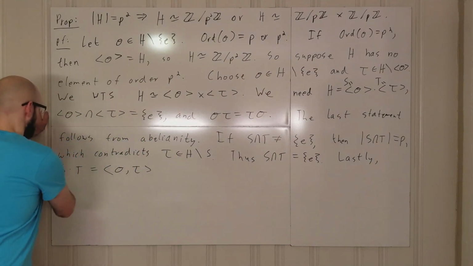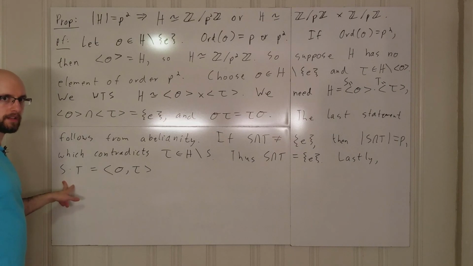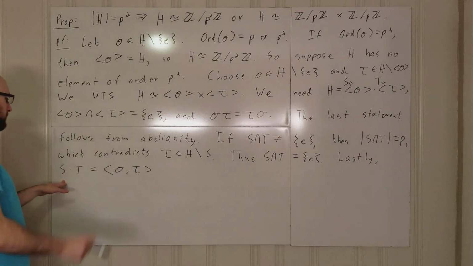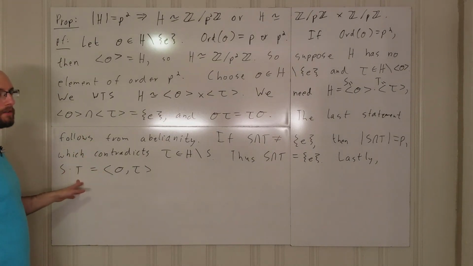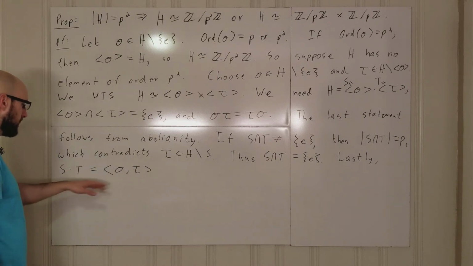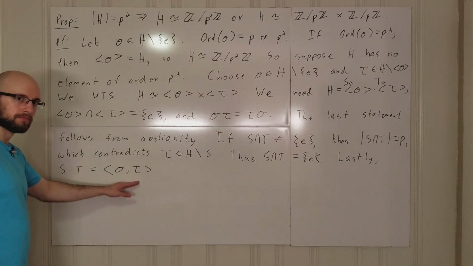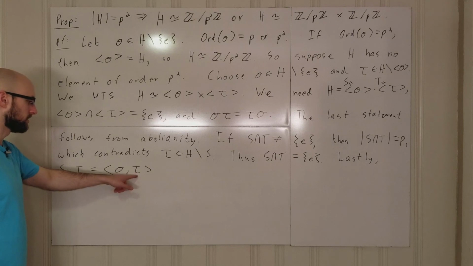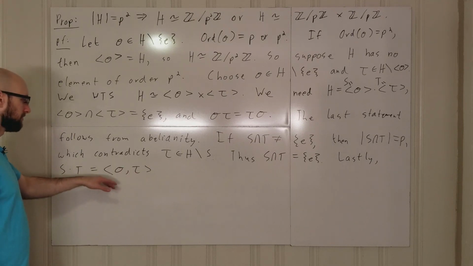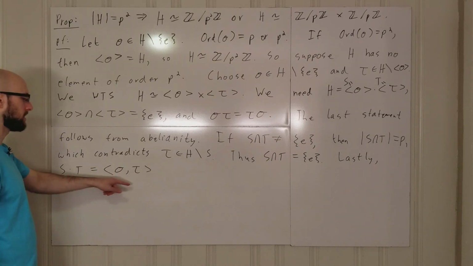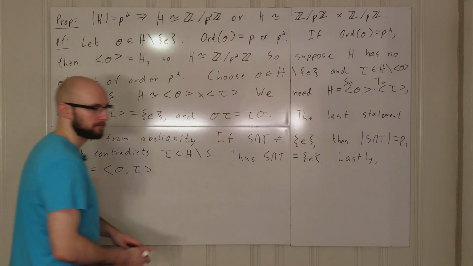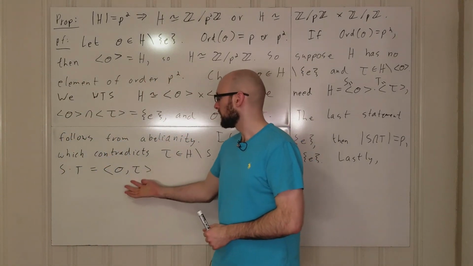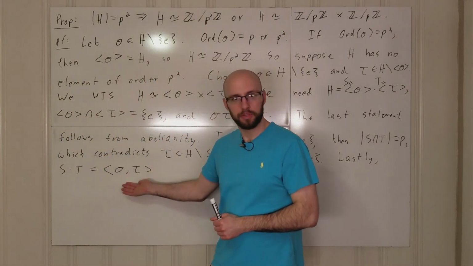If you have an element of S times T, then you write this element as sigma to some power and tau to some power, and obviously that's going to be contained in this subgroup, because you just multiply sigma by itself a few times and then tau by itself a few times. Now if you've got an element in the subgroup, then you use commutativity.